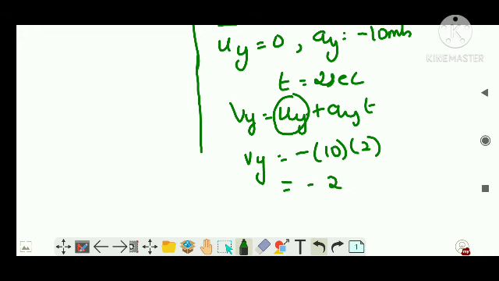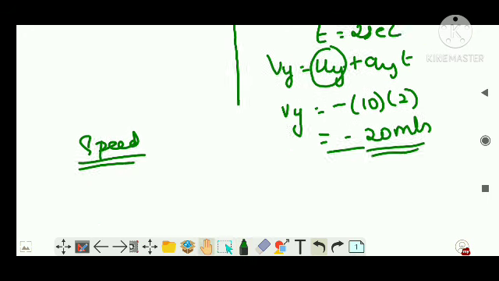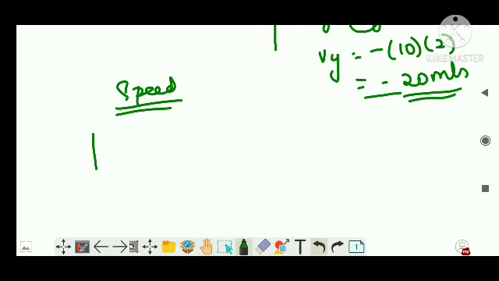So it is minus 20 meter per second, which is the velocity when the ball just hits the ground. And if someone asks what the speed would be, understand that speed is the magnitude of velocity.